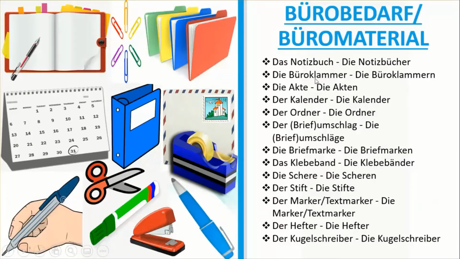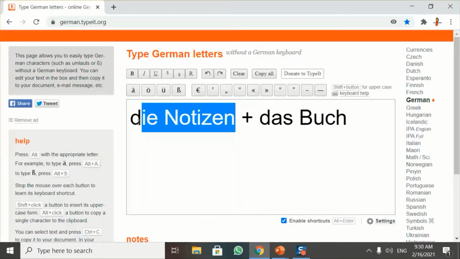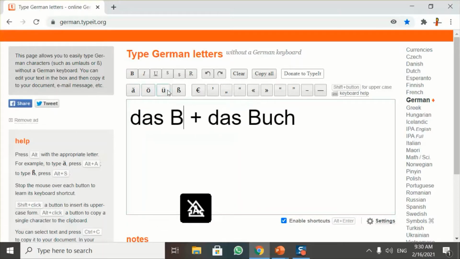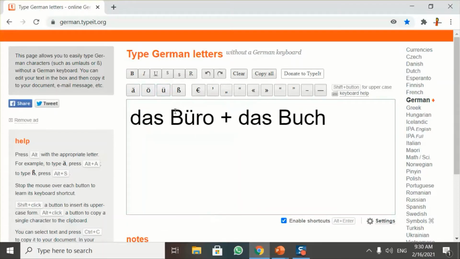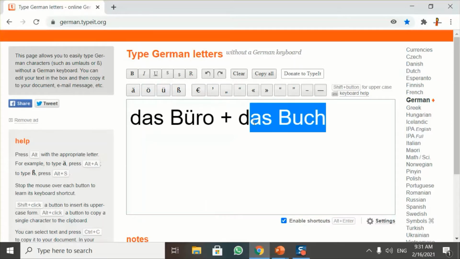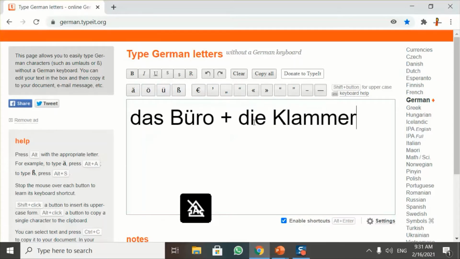Again, this is a compound noun made up of das Büro, the office, and die Klammer, where die Klammer is any pin or any peg that you use to attach something.